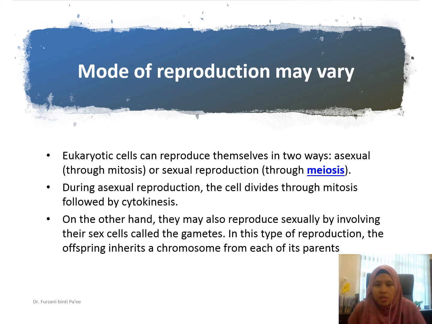Okay, so asexual reproduction or sexual reproduction. Okay, so we're not going to look into how mitosis happens, how meiosis happens. I think we've covered that maybe in school, or you will cover that in other lectures. Okay, but we're not going to cover that. But just know that for domain Eukarya, because they are eukaryotic cells, their mode of reproduction is different.